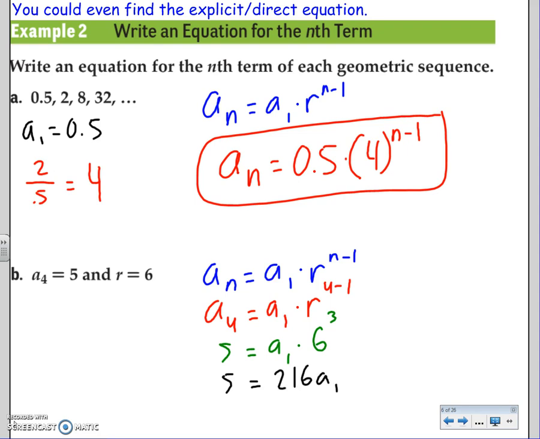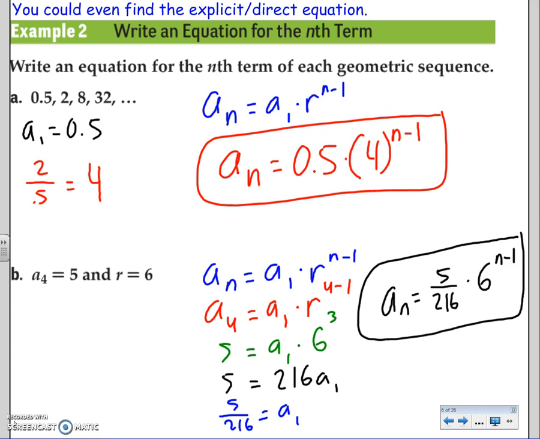I'm going to divide. 5 over 216 is a1. Now I plug it back in the formula, and I'm done. So our final answer is a sub n equals 5 over 216 times 6 to the n minus 1 power. Instead of a dot, you can put parentheses, which might look a little nicer.